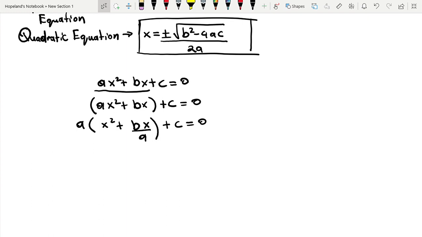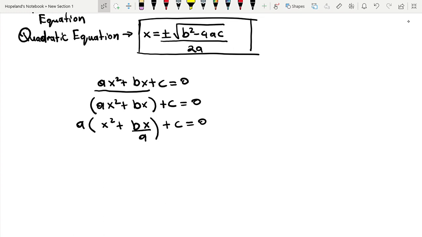From here, what you want to do is half the coefficient of x. You want to half it, then square it and add it to the parentheses.